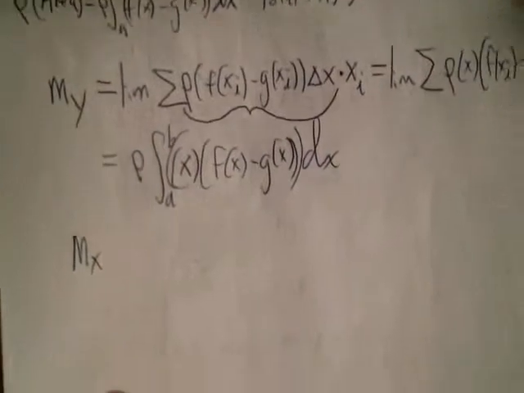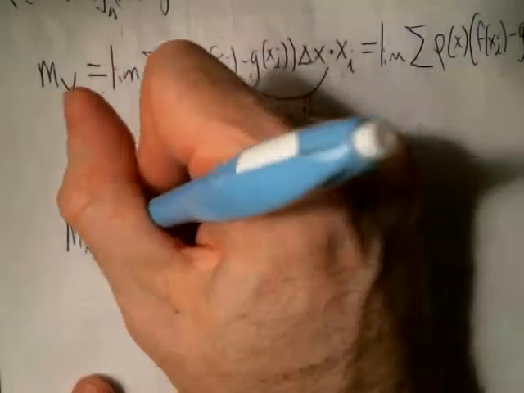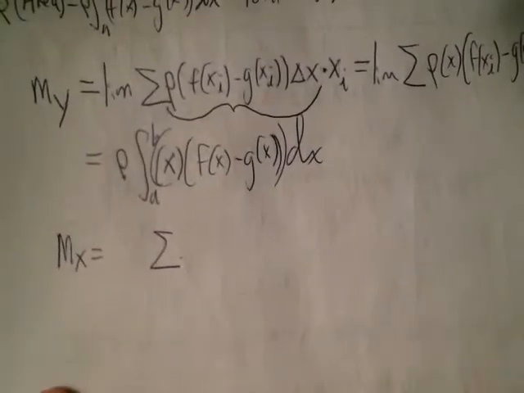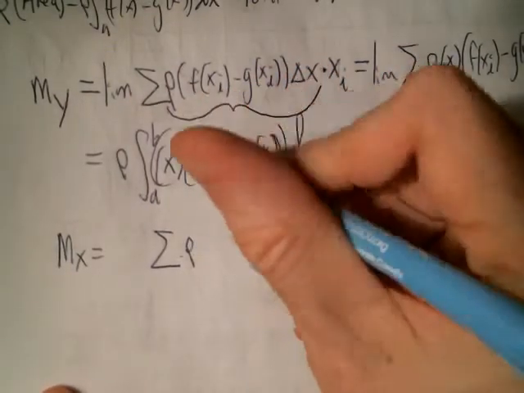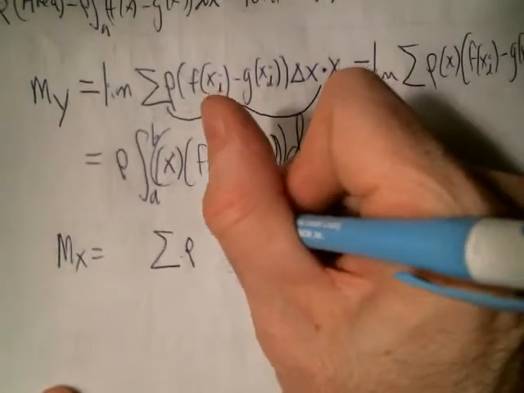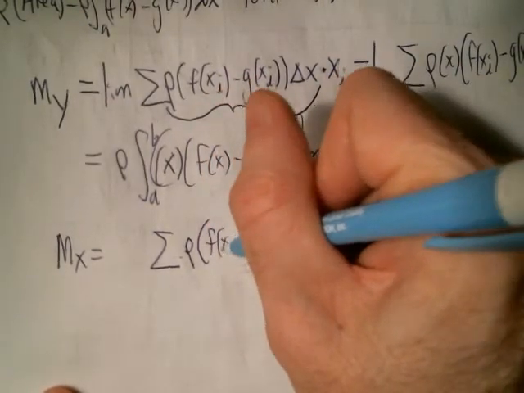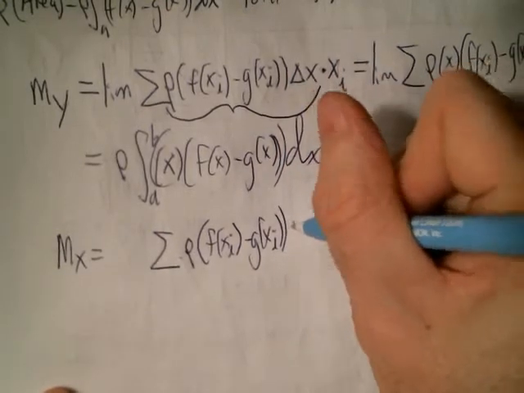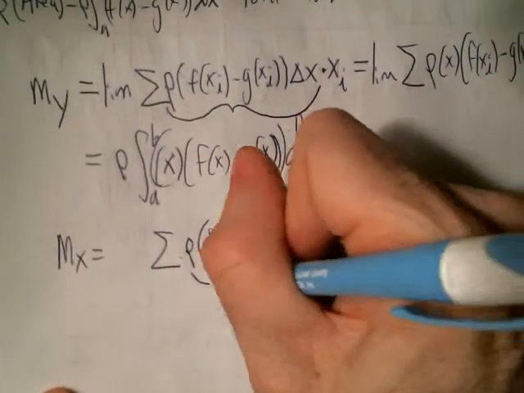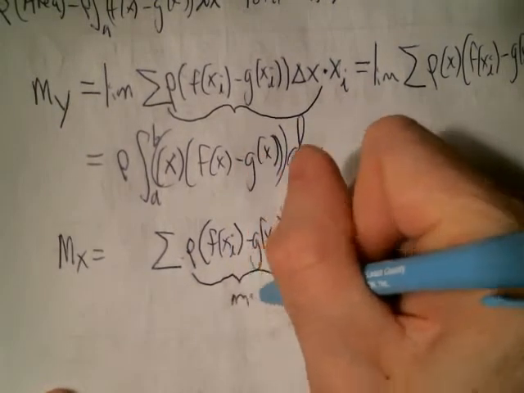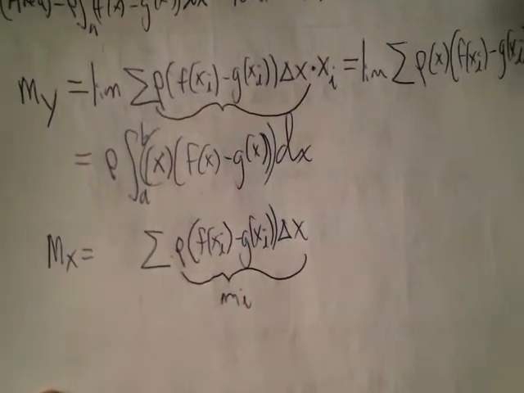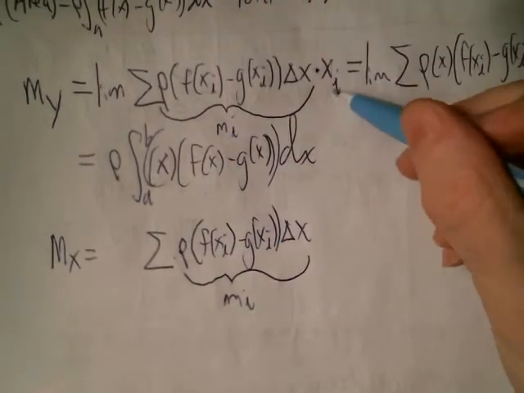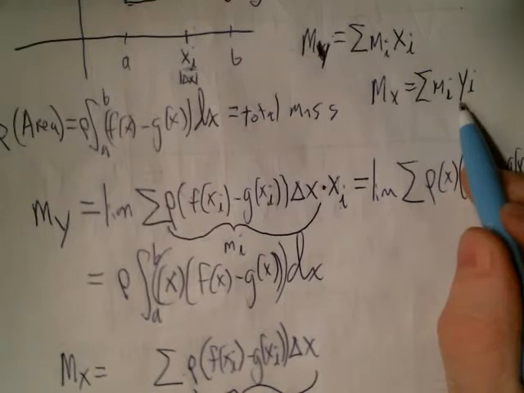So m sub x then in that case we'll want the mass again, which is rho times the area, f of x sub i minus g of x sub i times change in x. So that's my mass, my m sub i. But then I also need to multiply it by the correct variable.